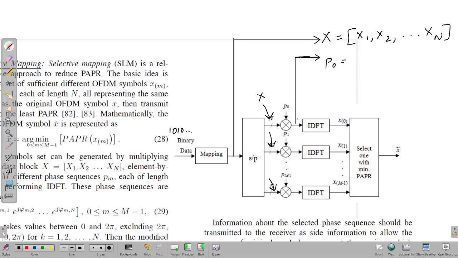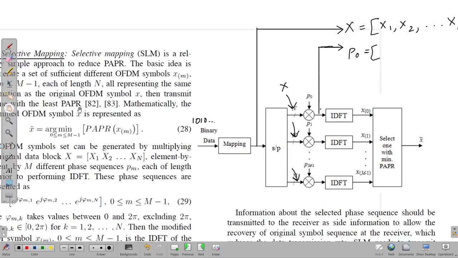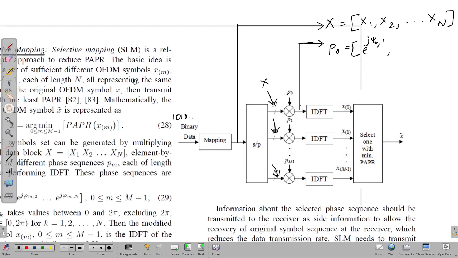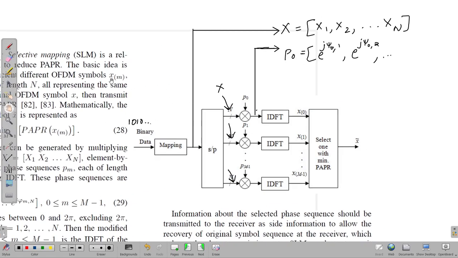P naught, according to this expression, substituting m equal to 0, is equal to e raised to j phi naught,1, then e raised to j phi naught,2, and so on, up to e raised to j phi naught,N.